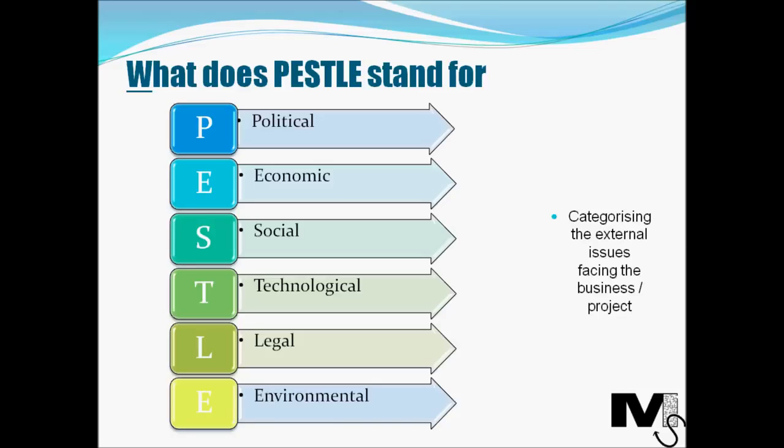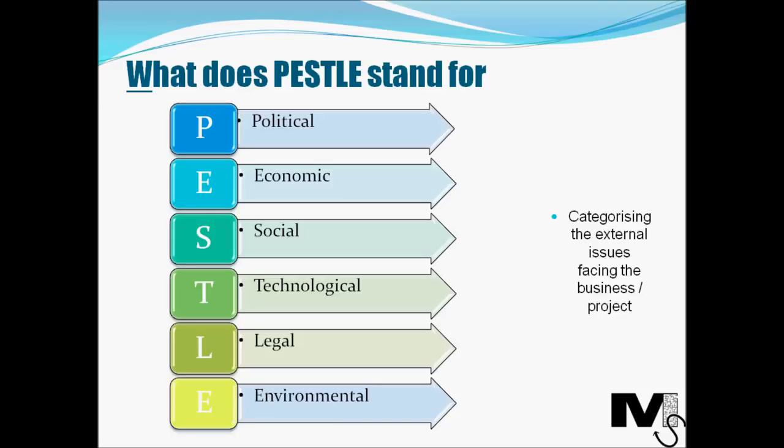And over the course of this video, you will understand that in most situations a lot of these factors are interconnected. So a certain factor can be political and technological or environmental at the same time, because it's easy to understand that politicians set laws, whether it's economical laws or legal regulations or environmental laws.